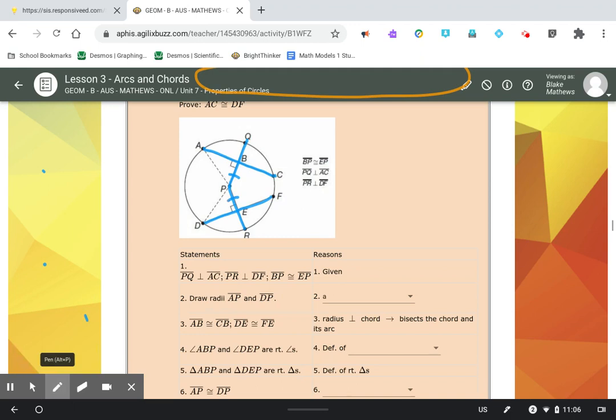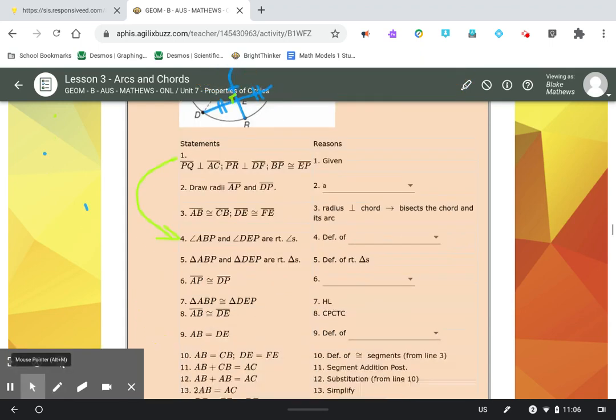Well, we know that's because this is bisecting. So this is congruent to this, and this is congruent to this. And it says ABP and DEP are right angles. Well, we see that right there. These are right angles because we can see here that they are perpendicular lines. We said that from statement 1. So that's the definition of perpendicular lines.